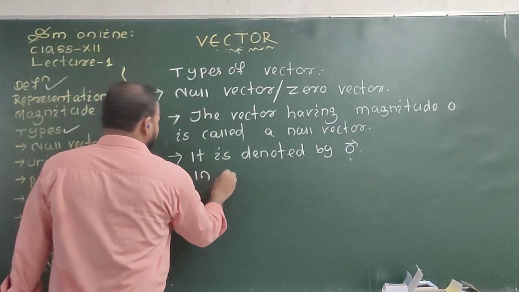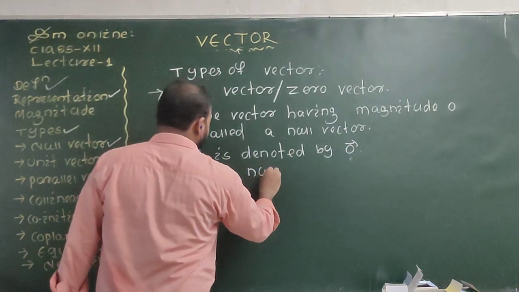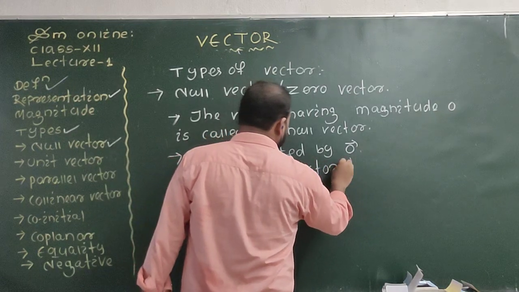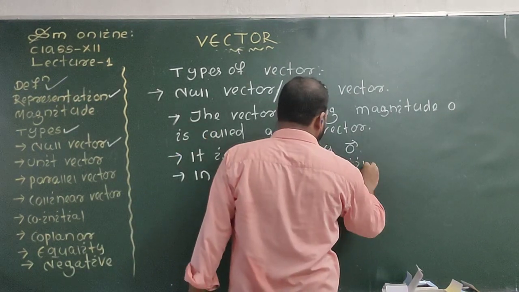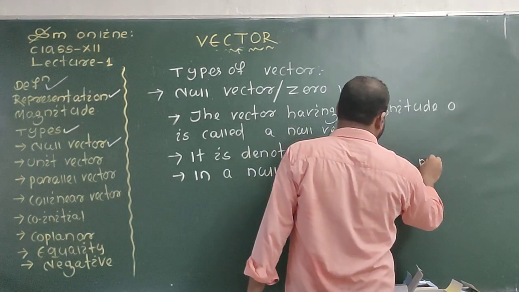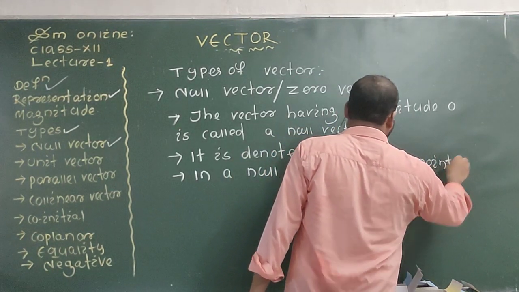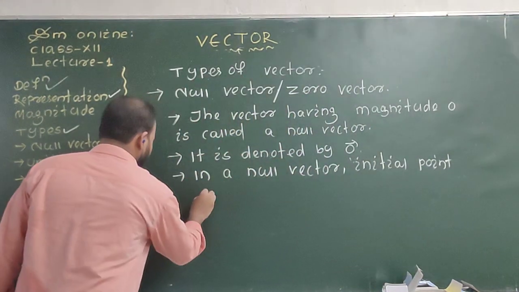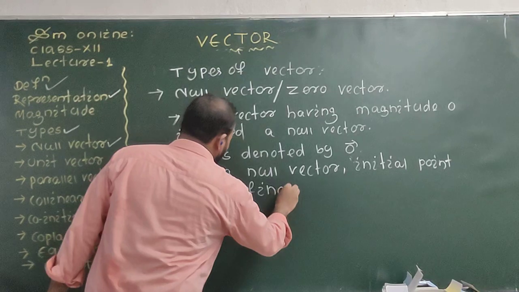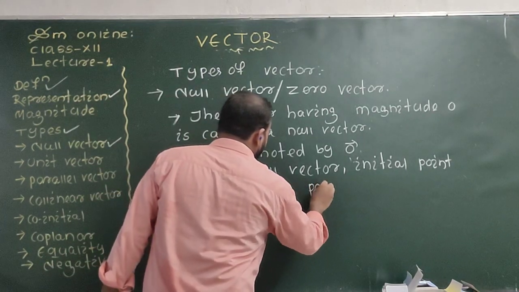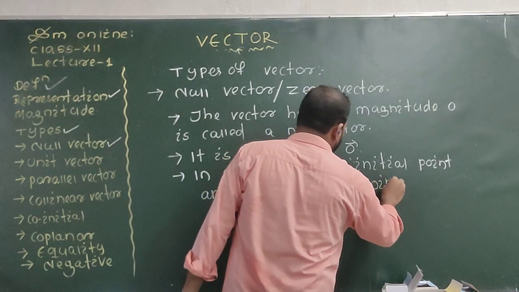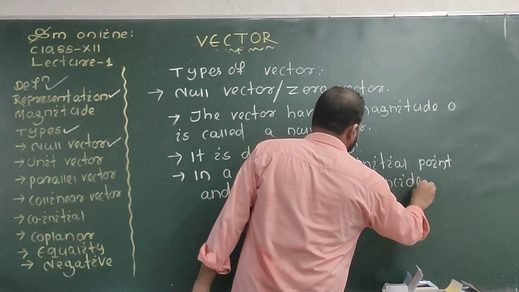In a 0 vector or null vector, in a null vector, initial point and final point coincide to each other.